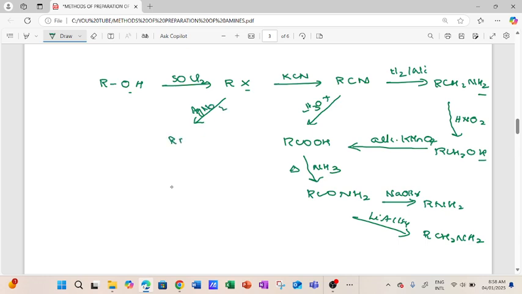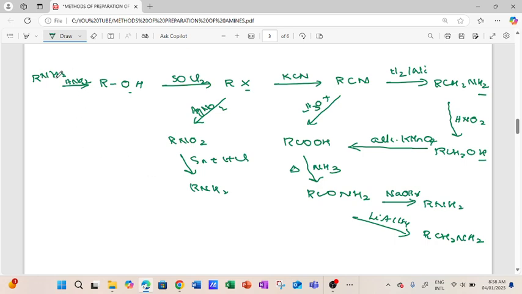You get RNO2, and in this lesson you studied how to convert RNO2 to RNH2 using tin and HCl. And again, from the starting alcohol, we can prepare it from amine RNH2 by adding HNO2. So these are the important conversions, the mind map.